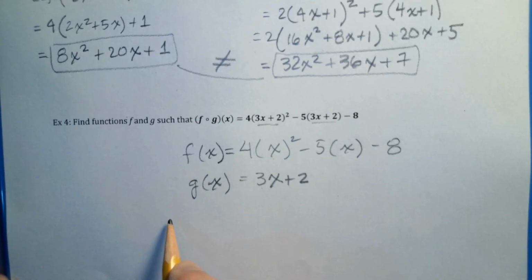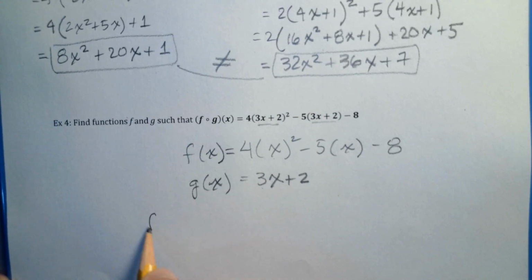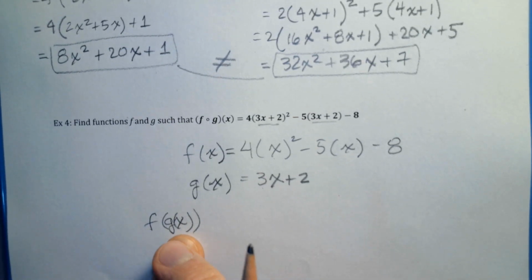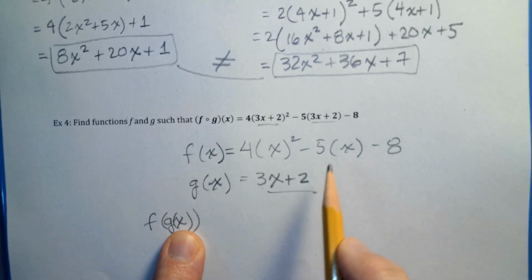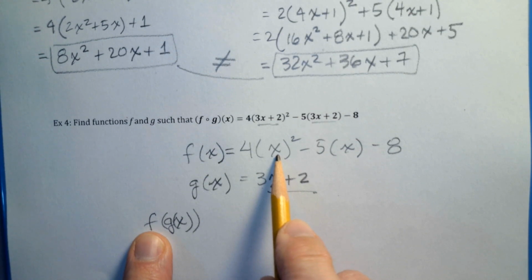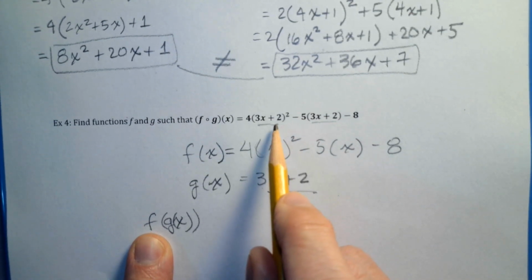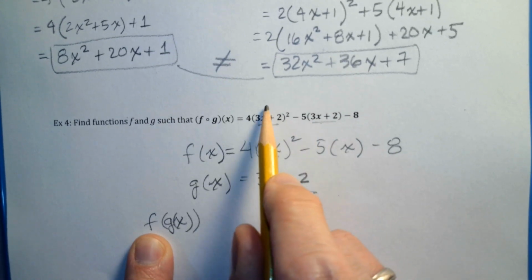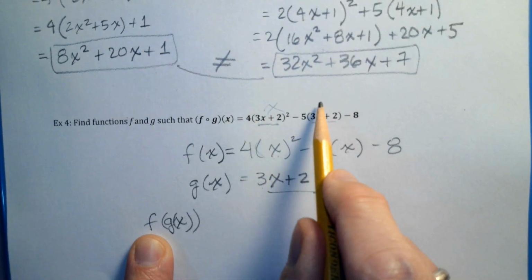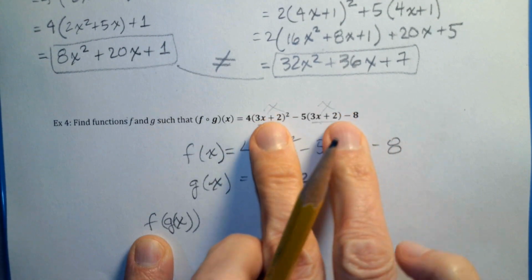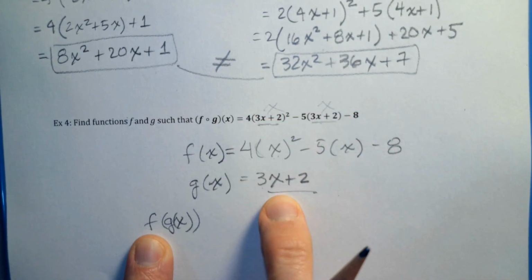So that means that if we did f of g of x, we're going to take that function g of x and plug it into the x values. So I don't really need these parentheses for this f of x, but I was doing that just to help you visualize that this would be like the x and the x, right? The thing that's plugged in, that's the other function.